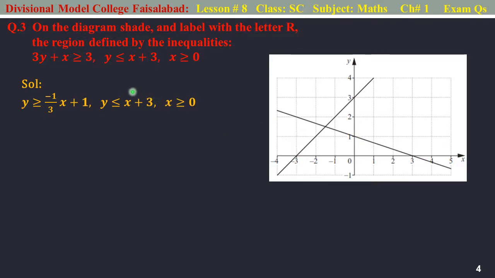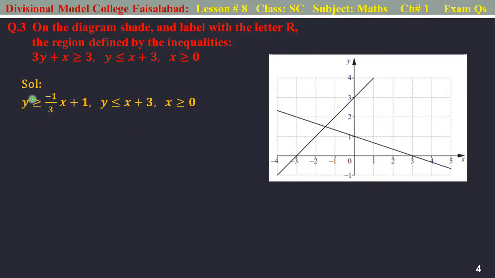And the graph of the next inequality, because its y intercept is 3, is the line that passes through 3 on the y-axis. And this is a vertical line which passes through 0, which is this line, the y-axis. Now we need to identify the defined region, because there is a greater than or equal to sign.